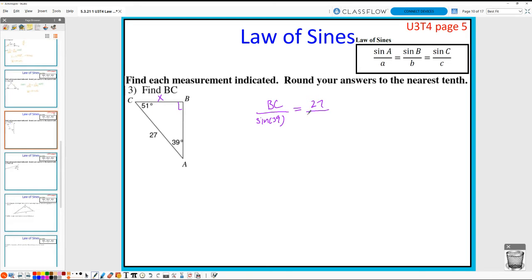27 over sine of 90. For those of you that are really on top of our sine, cosine, tangent of our quadrantals and stuff like that, you'll know that sine of 90 is actually just 1. If you didn't, that's okay. Either way, I have to multiply by sine of 39.